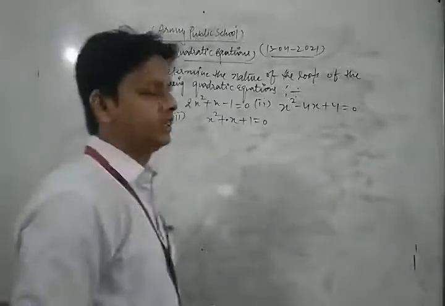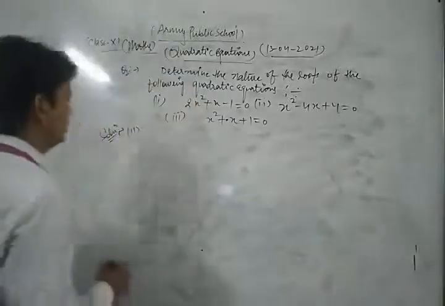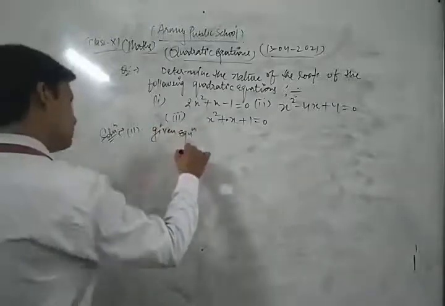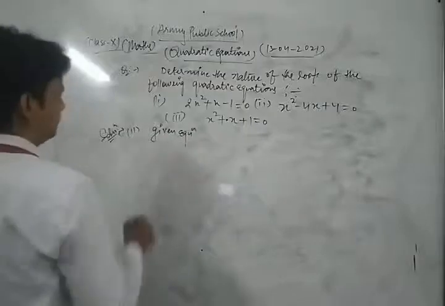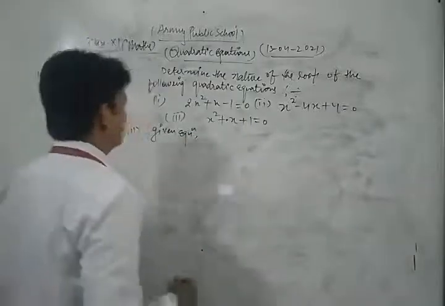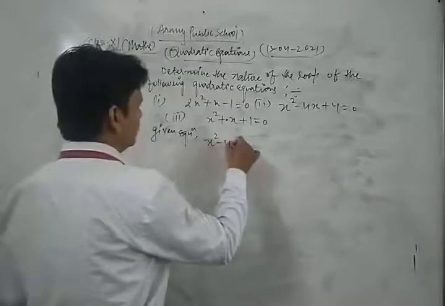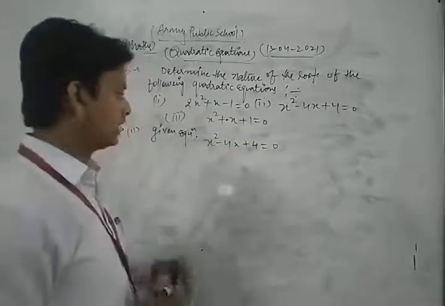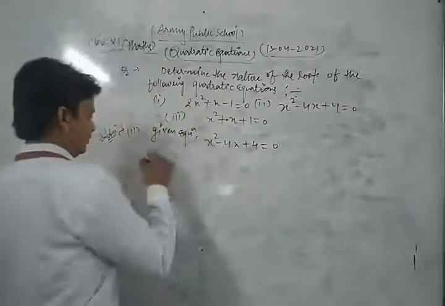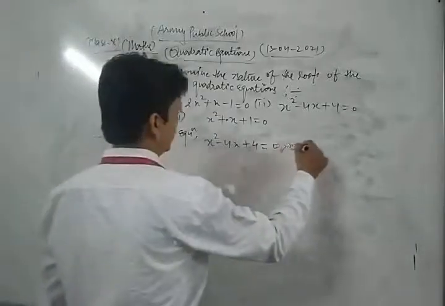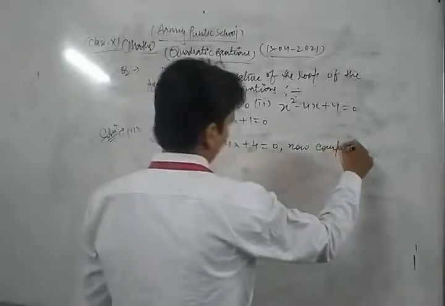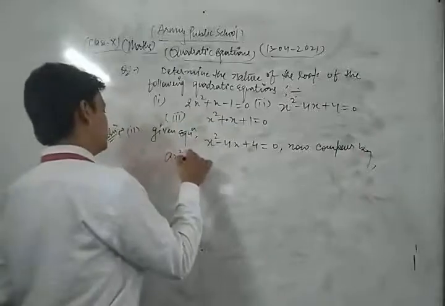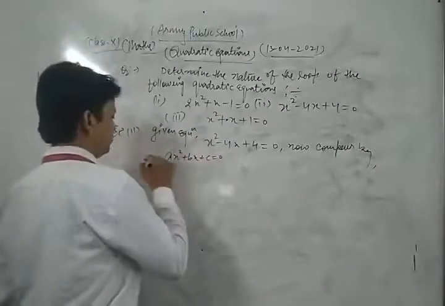Now we are going to take and discuss the second part of this question. So given equation, x square minus 4x plus 4 is equal to 0. Now we compare the given equation by ax square plus bx plus c is equal to 0.